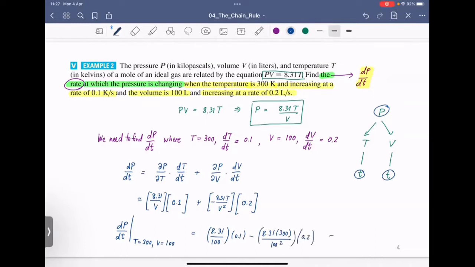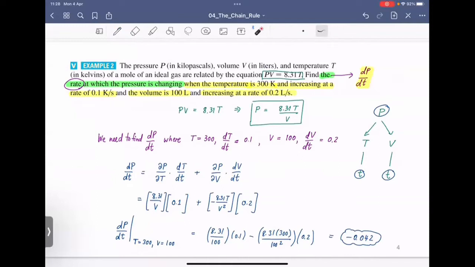And when you hit the calculator, the number you want here is negative 0.042. Well, I did it already in my handout, but it's just a calculation using a calculator.